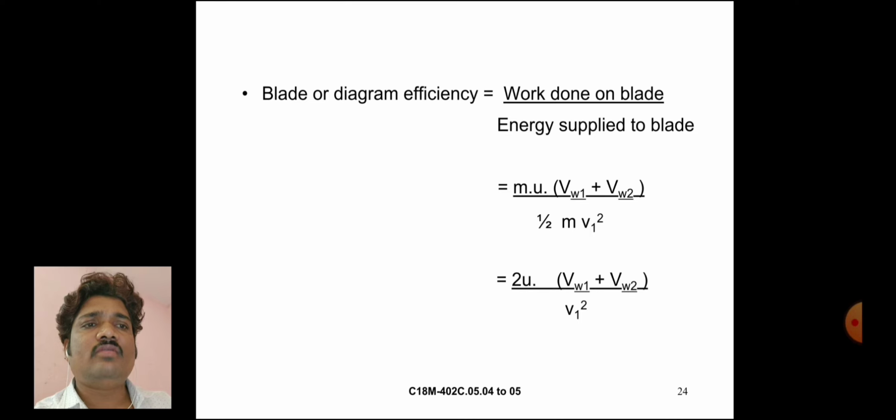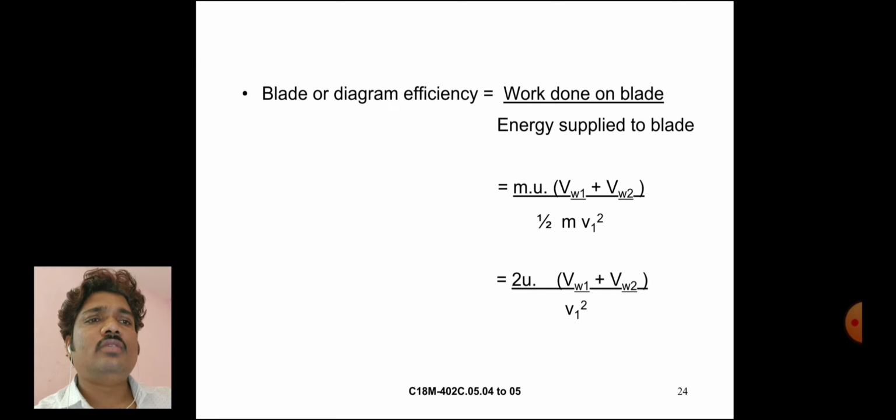The work done on the blade is m into U into (VW1 plus VW2), where VW1 is the steam inlet whirl velocity and VW2 is the steam outlet whirl velocity. The energy supplied is half m V1 squared, where V1 is the steam inlet velocity.